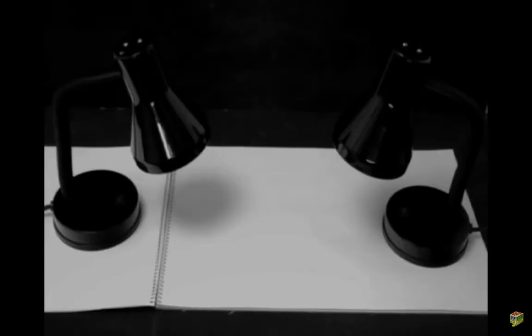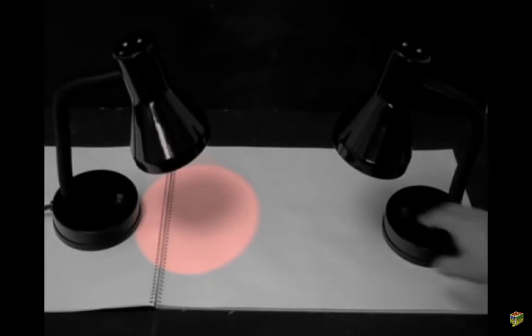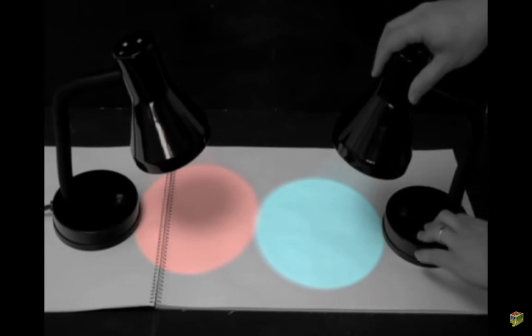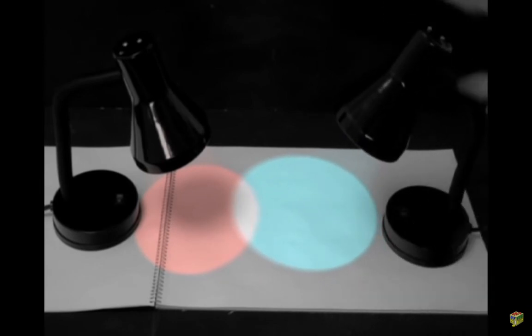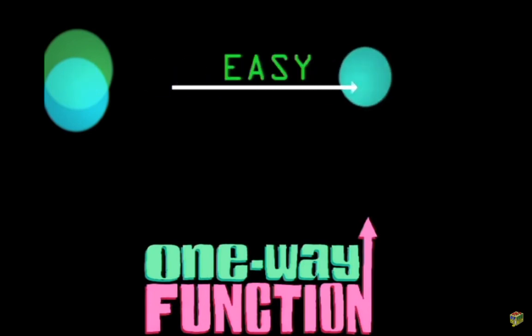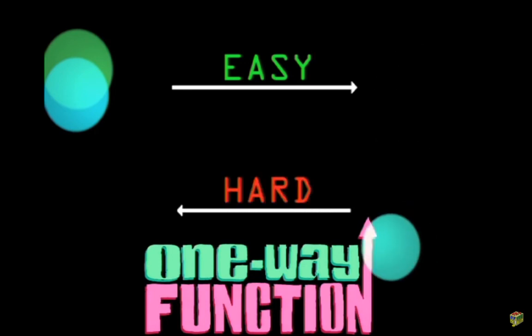The inverse of some color is called a complementary color, which when added to it produces white, undoing the effect of the first color. In this example, we assume that mixing colors is a one-way function because it's fast to mix colors and output a third, and it's much slower to undo.